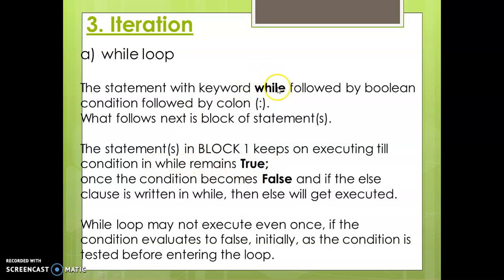If you are using a while loop, it will work till the last condition is true. Once the condition becomes false, and if an else part is written with the while, then the else will get executed.